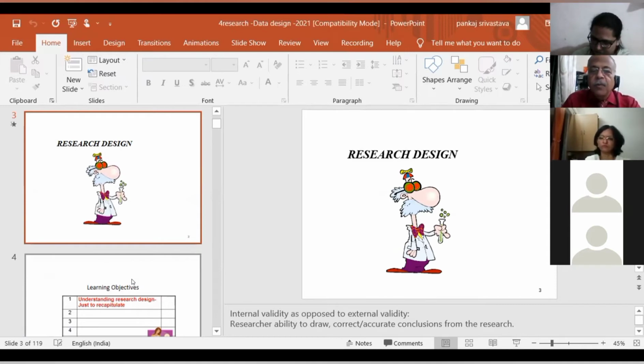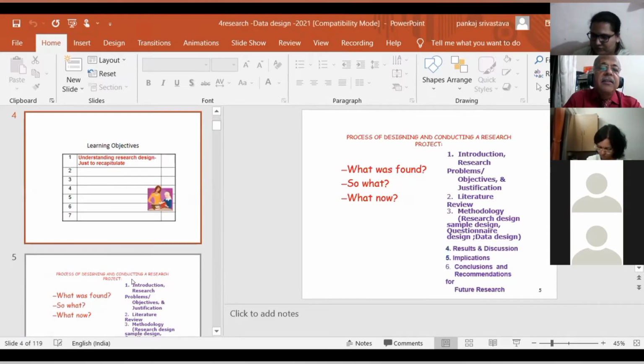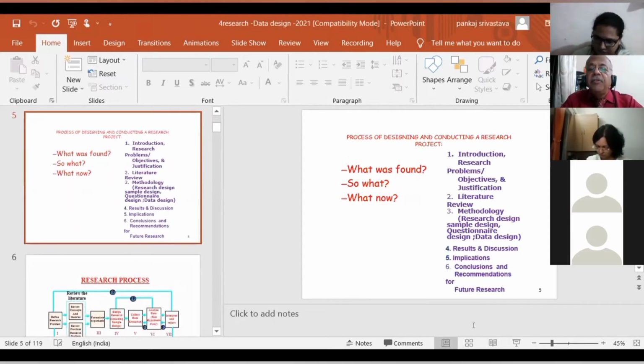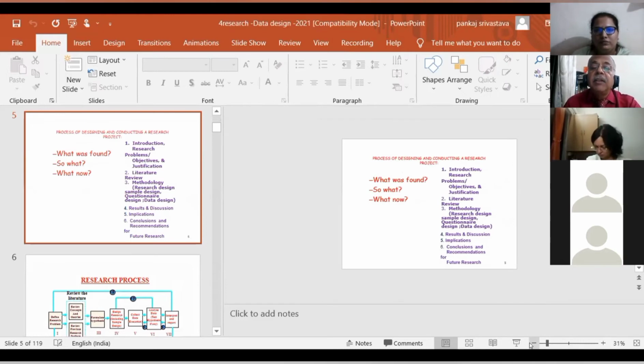So the research design is basically, you have understood the introduction, you have understood the problems, then you have written the need for the study, then literature review.